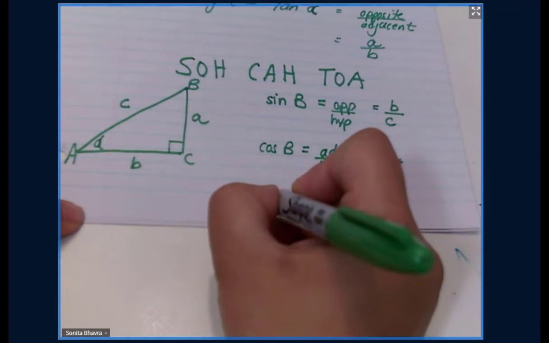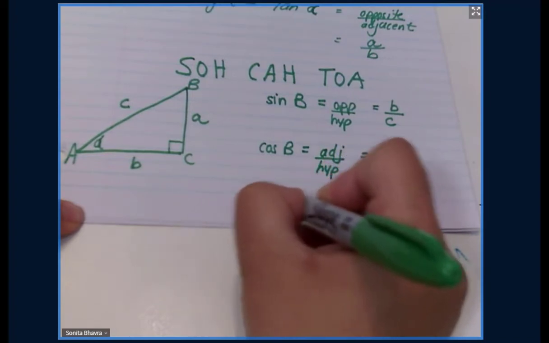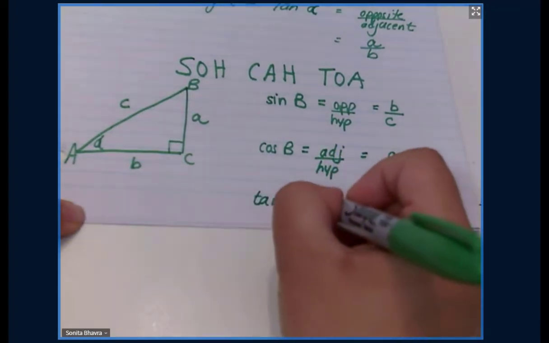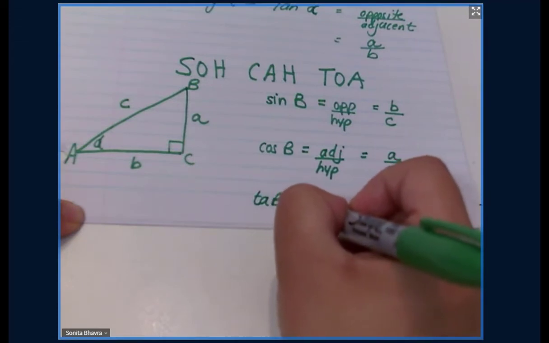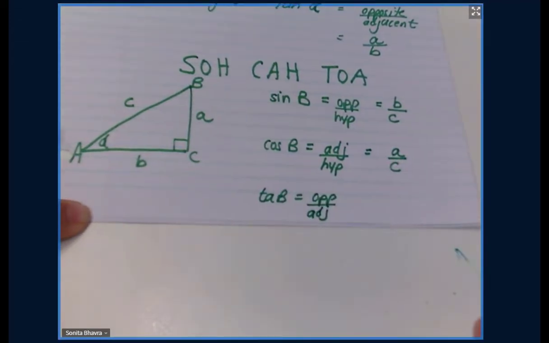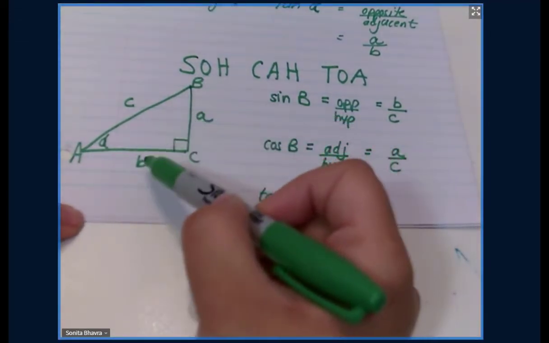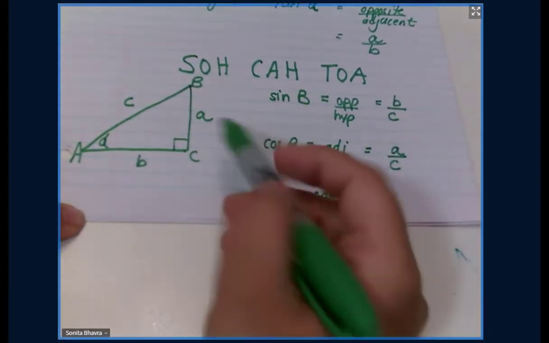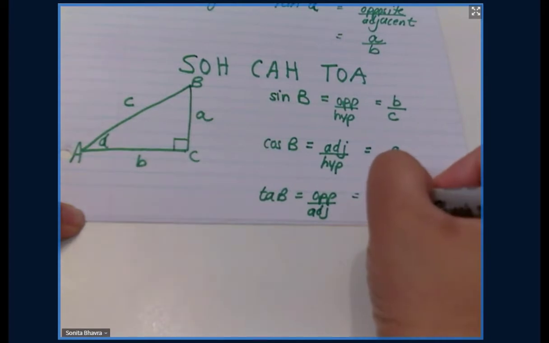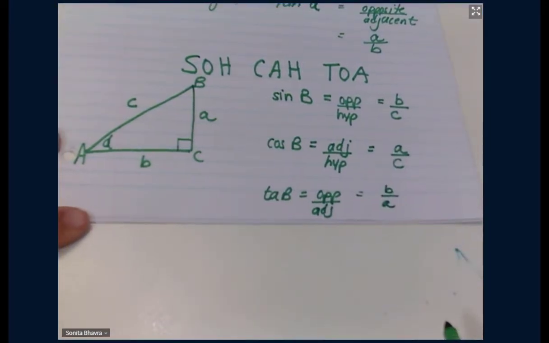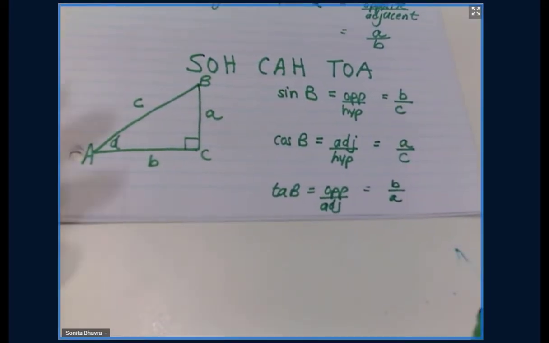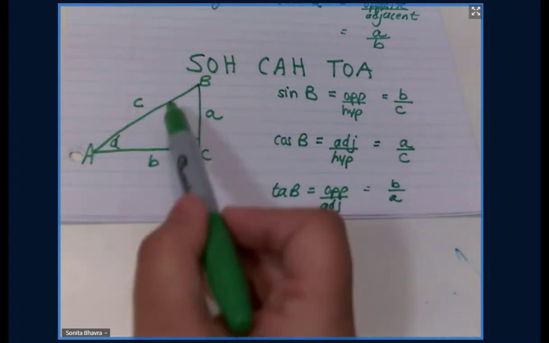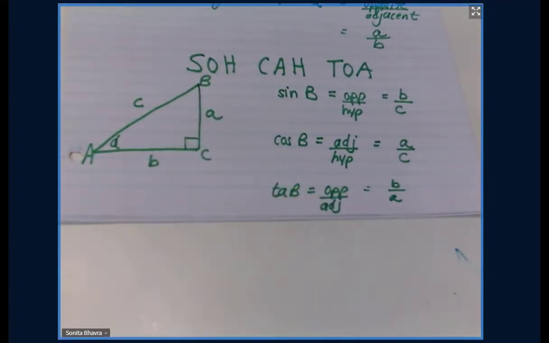And then the last one is the tangent of B, which is opposite over adjacent. Opposite of B is lowercase b, and then adjacent was A. All right, so that shows us the trig ratios for angle B.